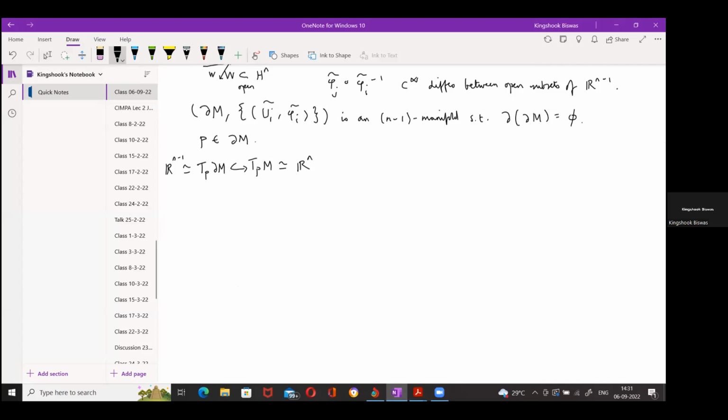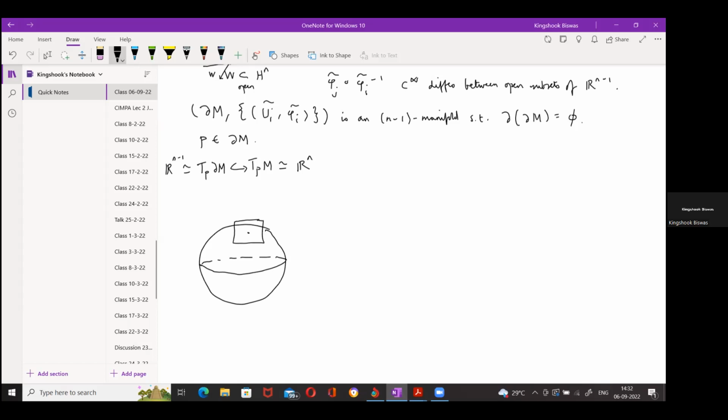I want a 3-manifold with boundary. So for example, let's take the closed unit ball. This is a 3-manifold with boundary, which is S2. So this is a point of boundary M, P, and this is the tangent space to the boundary.